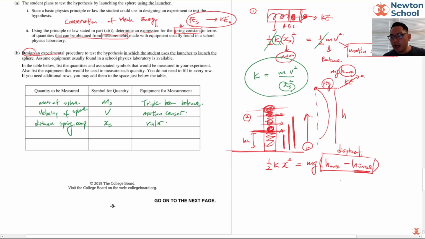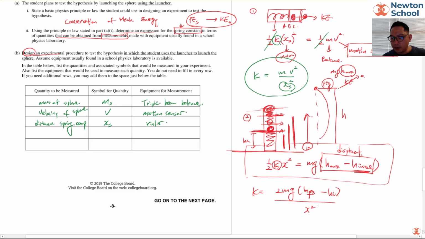So if you do that approach, you can find out k by 2mg(h max, or h final, I'll just call it h final, minus h initial) over x squared. And you have to measure mass.